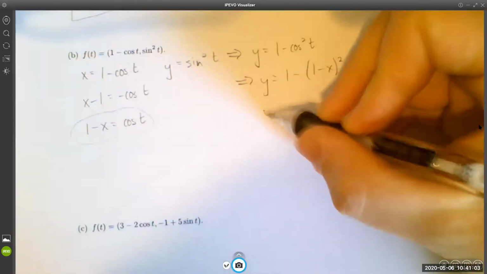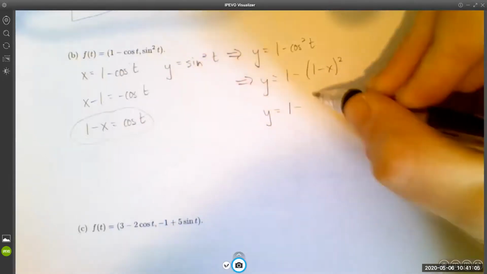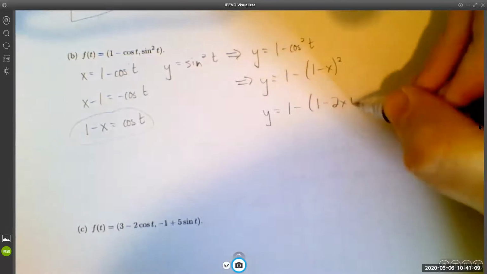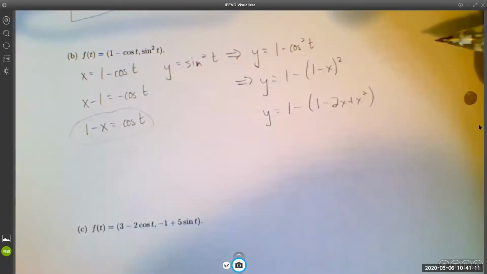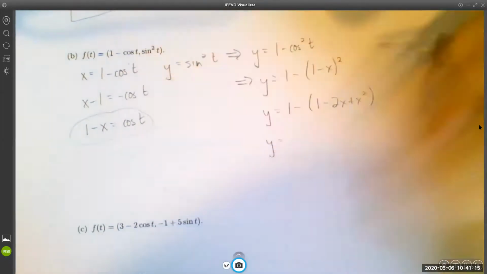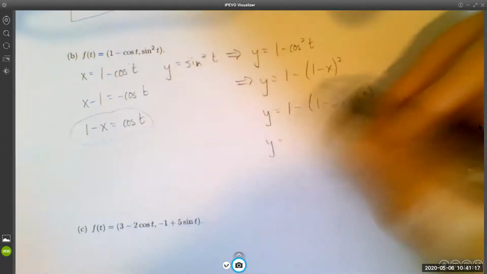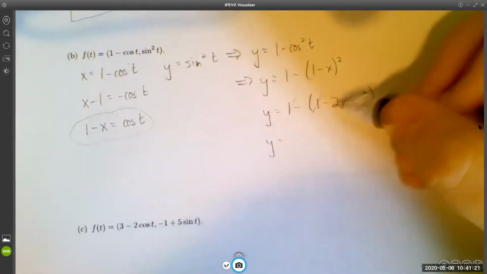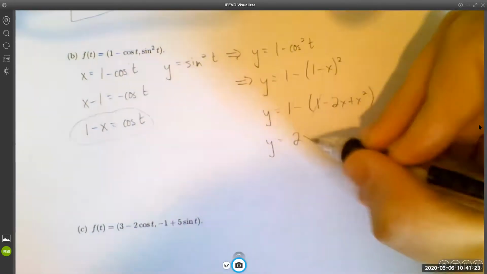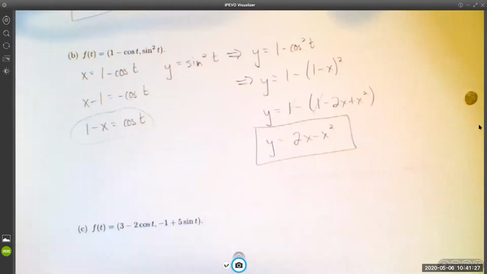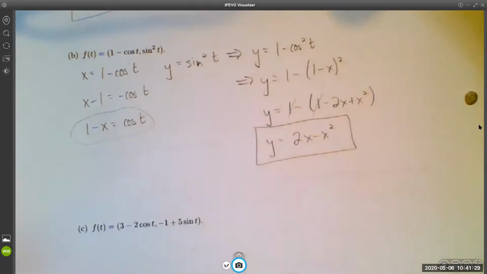So I'm going to get y equals 1 minus, here we're going to have 1 minus 2x plus x squared. Distributing that negative and canceling like terms, I'm going to have a negative x squared plus 2x. So I'm actually just going to write that 2x minus x squared. That guy is a parabola, right? That's a parabola for sure.